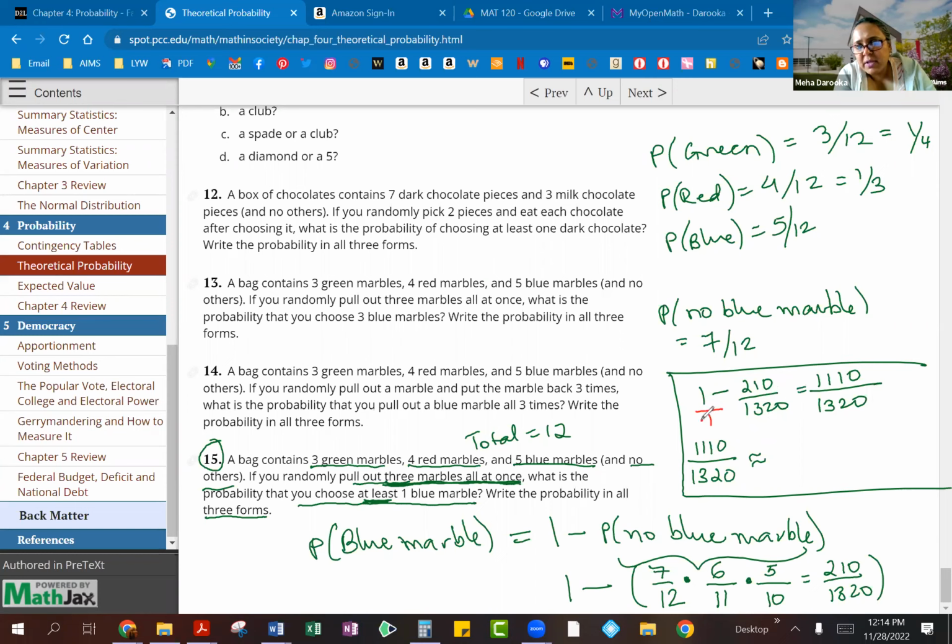To find your common denominator, you would multiply this by 1320, which would then, of course, come out to be 1320 minus 210, which is how I got this numerator. So 1320 minus 210 will give you the 1110, and then divide that by 1320. And what kind of decimal answer are we looking at?